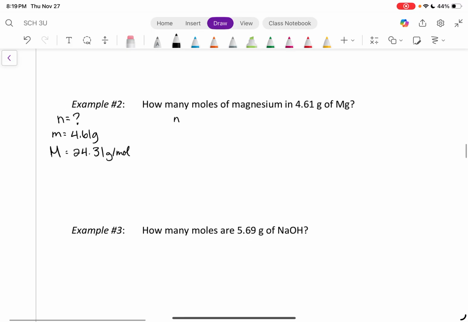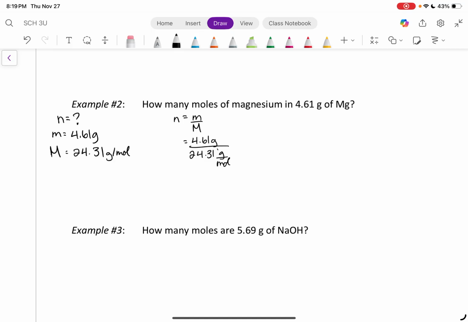So I need to solve n equals m over M. So I have 4.61 grams over 24.31 grams per mole.